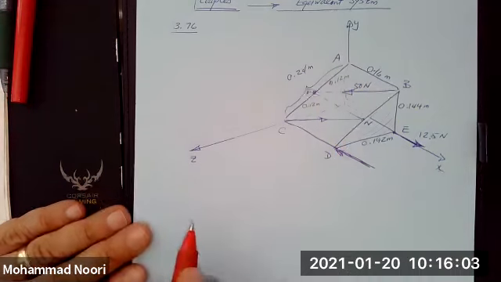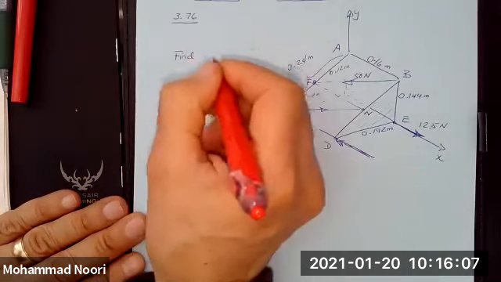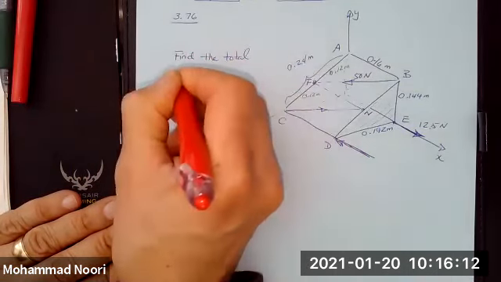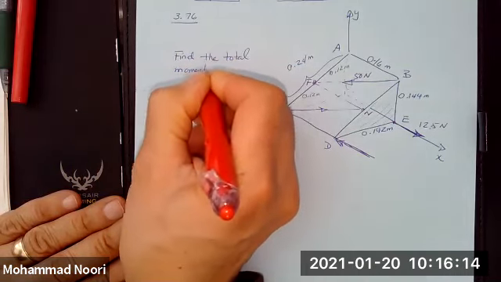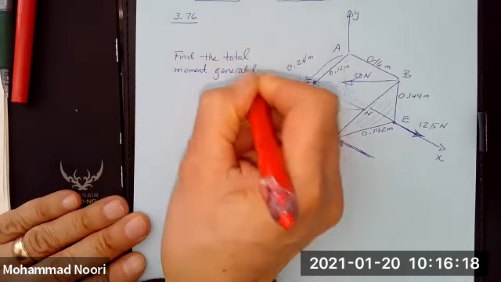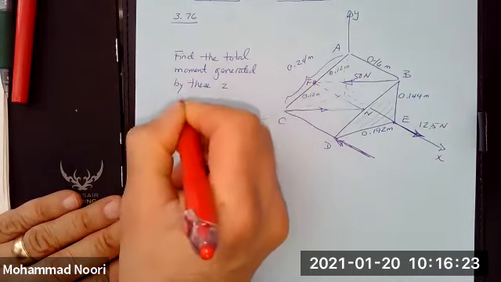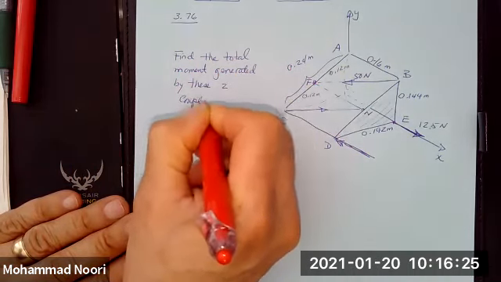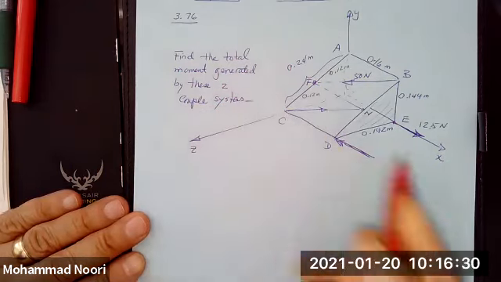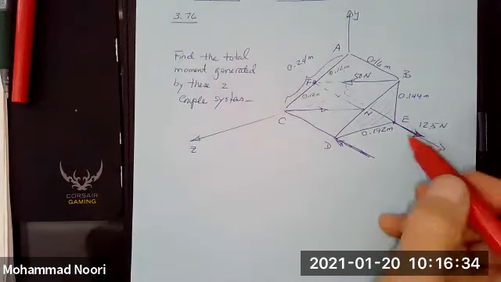So the problem is asking us to find the total moment generated by these two couple systems. In other words, this represents a moment, right?